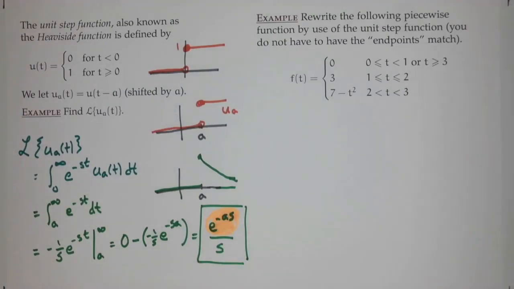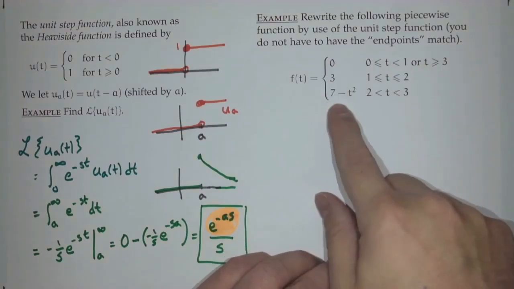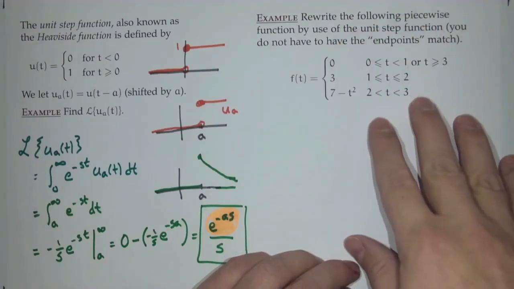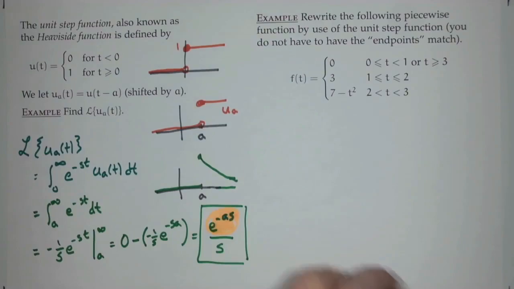Okay. Now, why do we care about the unit step function? Well, the answer is because we can use it to rewrite our piecewise functions. So we're going to do an example here. Now, there's no Laplace transforms in this example. This is just mostly saying, hey, we like unit step functions. This is what we want to get to.